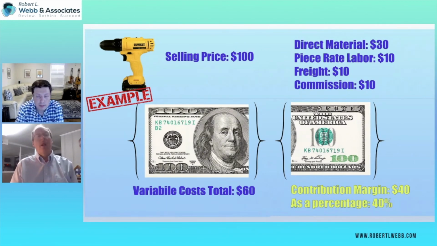So that $40 then is used to cover overhead, to generate a profit. And it's also, if DeWalt, for example, wanted to get into a new market channel, they know they've got $40 there to play with if they needed to reduce that selling price in order to enter a new market channel.